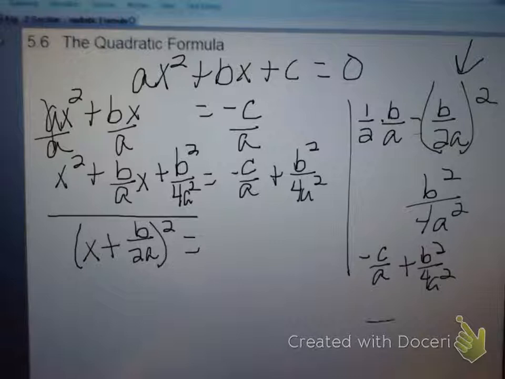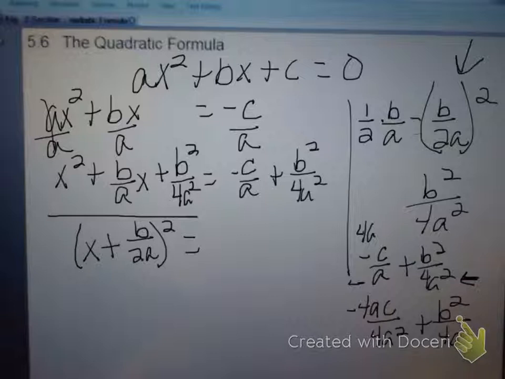My common denominator is 4a squared. So what did I have to multiply this denominator by? A 4a. So that's what I have to multiply the numerator by. So 4a times a negative c is a negative 4ac. I didn't have to multiply this denominator by anything, so I just bring down the b squared.